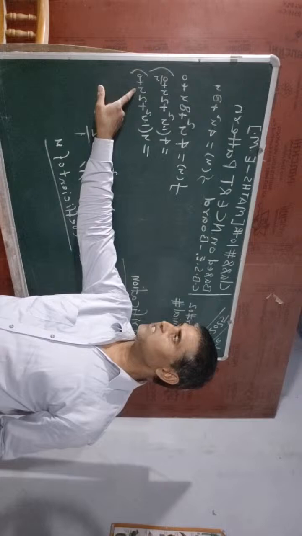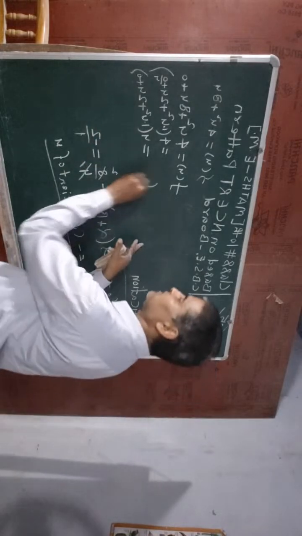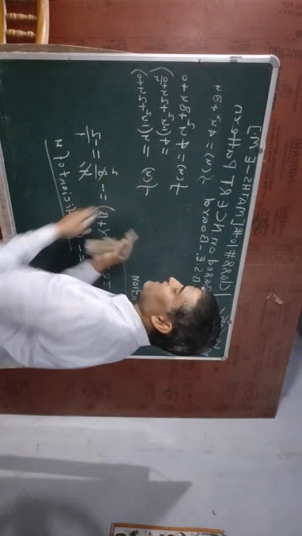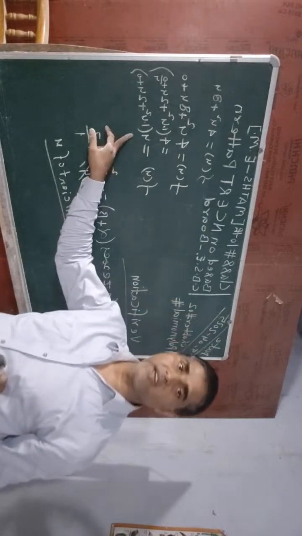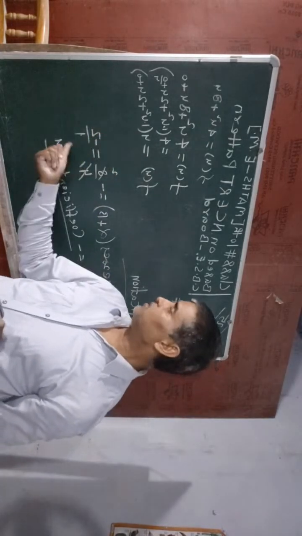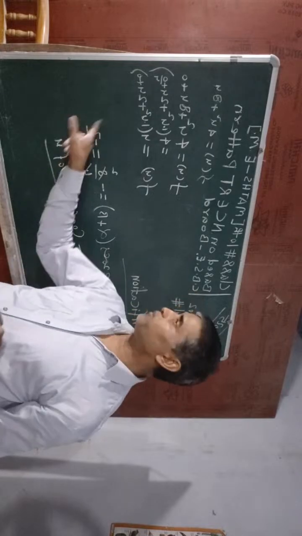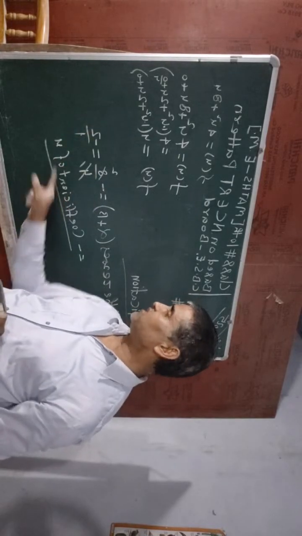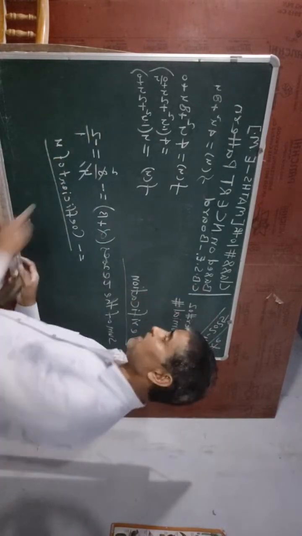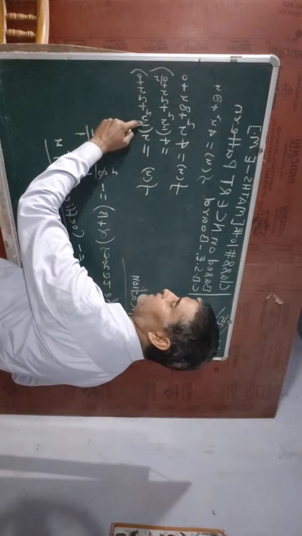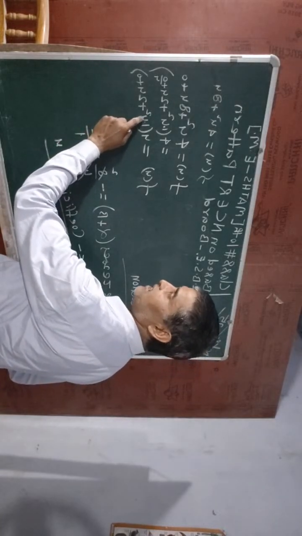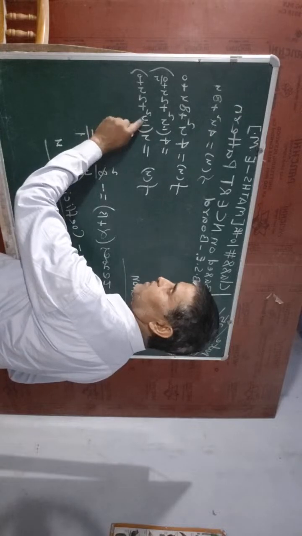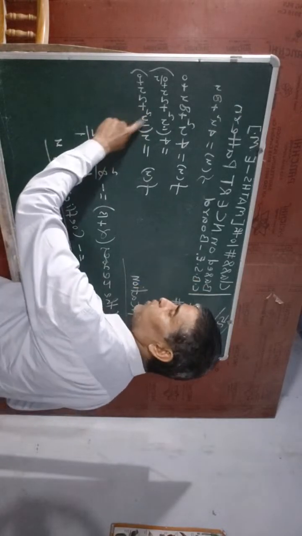Here the given polynomial I arrange like this, and you also have to arrange like this. Okay student, the 2 is the coefficient of u, and the 1 is the coefficient of u square.